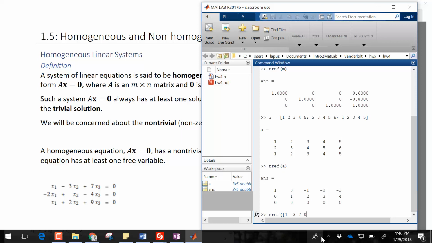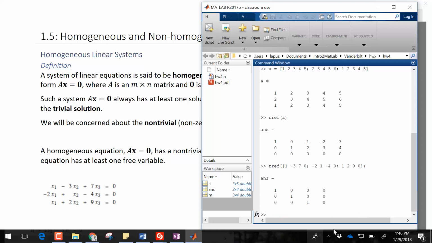And I could put 0 here, but it's really not necessary since it's a homogeneous equation. We know that the last element's going to be 0. I have a minus 2, 1, minus 4, and I think we're putting the zeros in, a 1, 2, and a 9. And let's go ahead and row reduce that, and we get this. That's kind of boring.